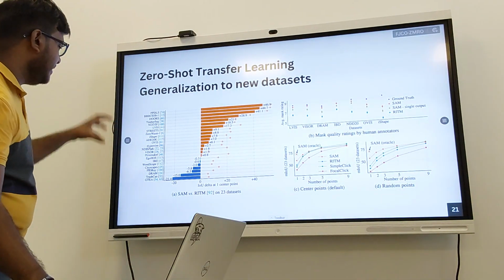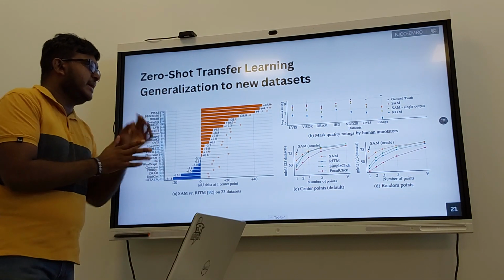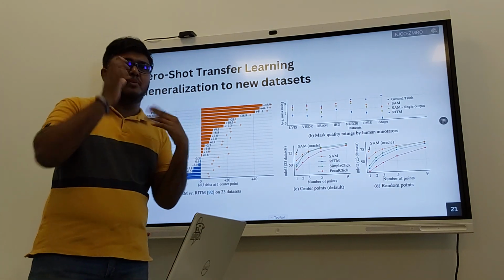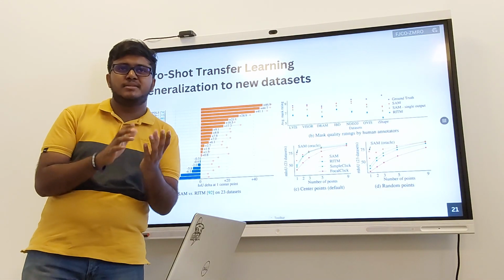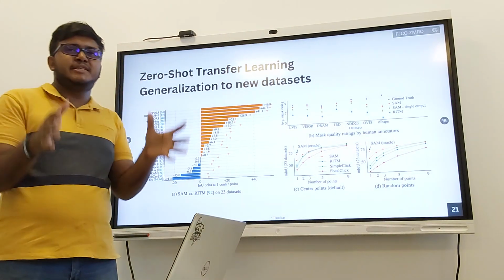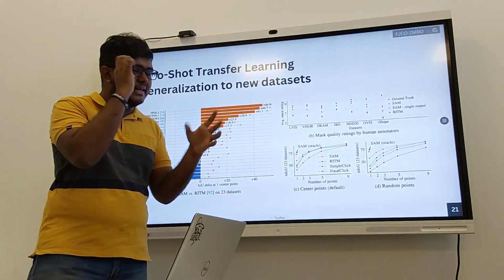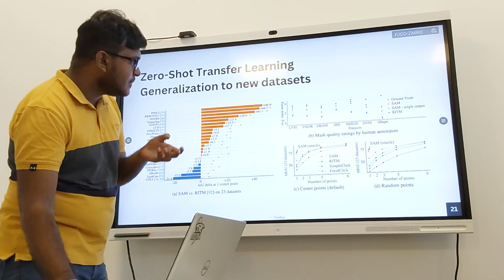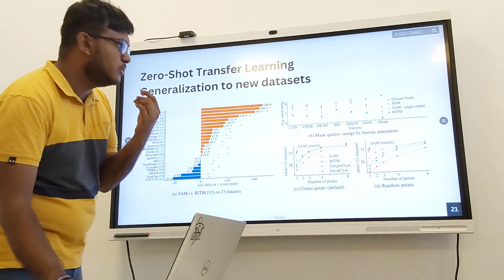So what this means is, even though it maybe omits a few pixels here and there, it generates the basic shape of the mask very well.